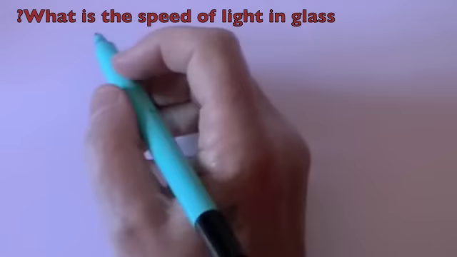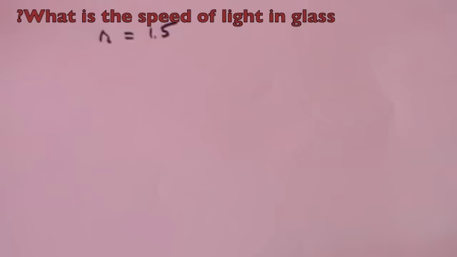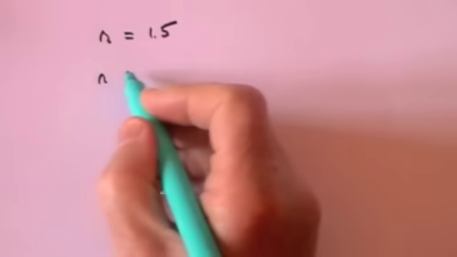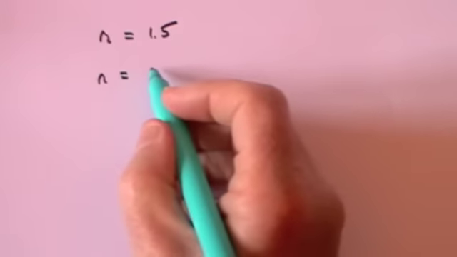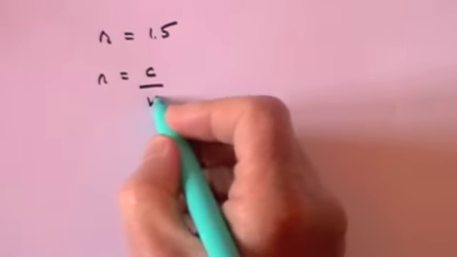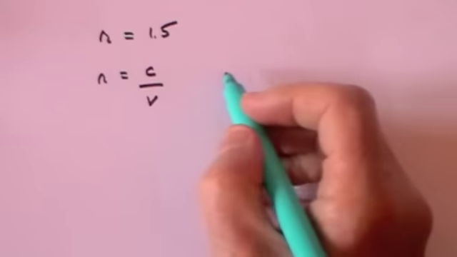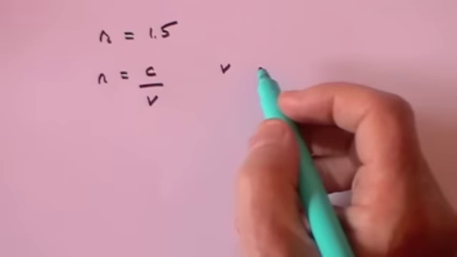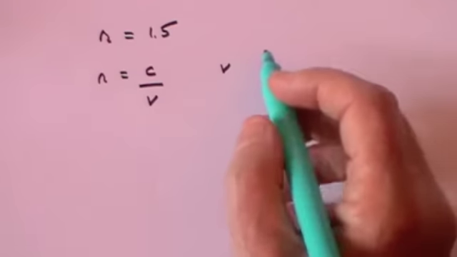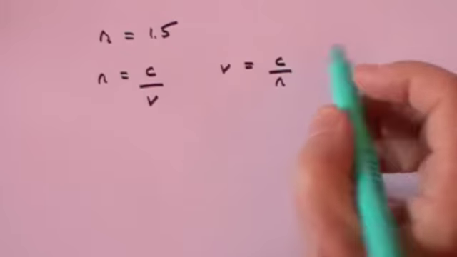And the final question, question 14, what is the speed of light in glass if its refractive index is 1.5? And here I'm just going to use the formula that the definition of the refractive index is the speed of light in vacuum divided by the speed of light in the material, which means that if we rearrange that, we find that the speed of light in the material, which is what we want, is equal to c divided by n.